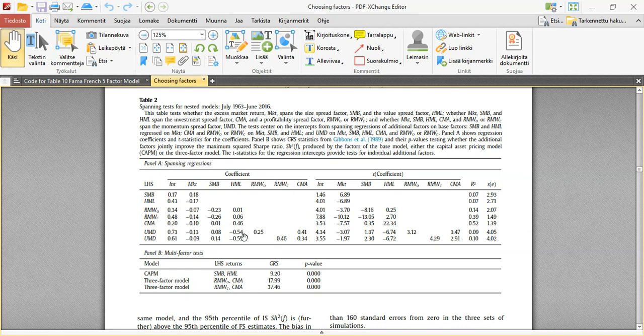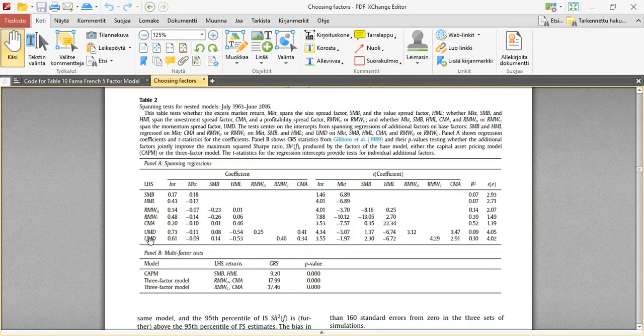In this case, under the null hypothesis, we have the 5-factor model, incorporating the market factor in excess form, size factor, value factor, one of the profitability factors, and the investment factor. Under the alternative hypothesis, we have the 6-factor model, adding only one factor, which is the momentum factor.